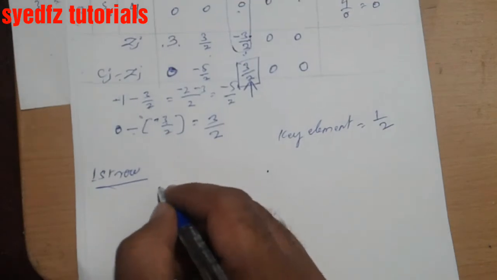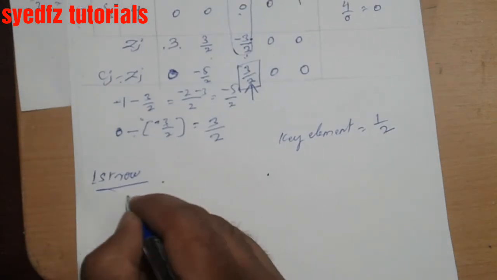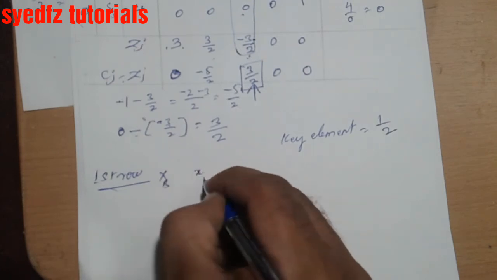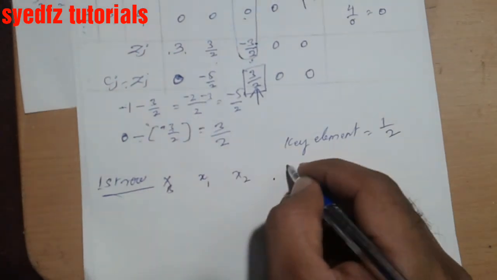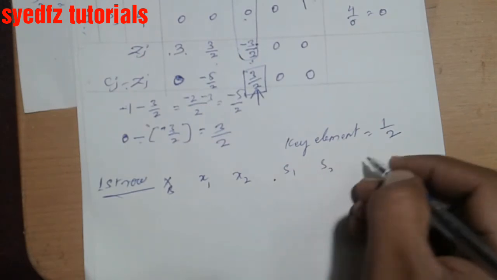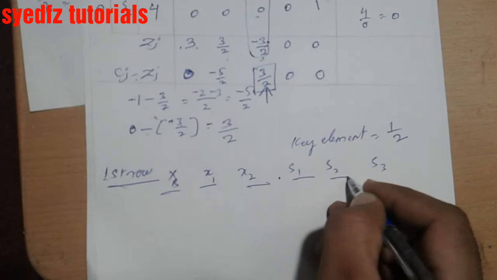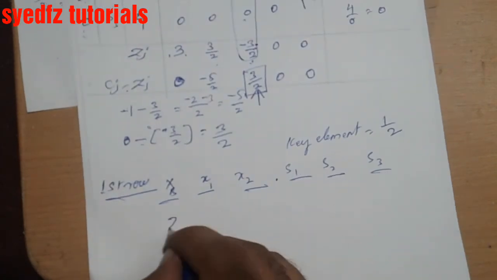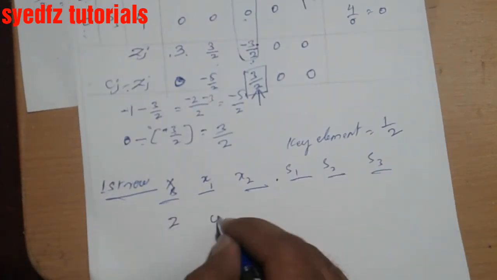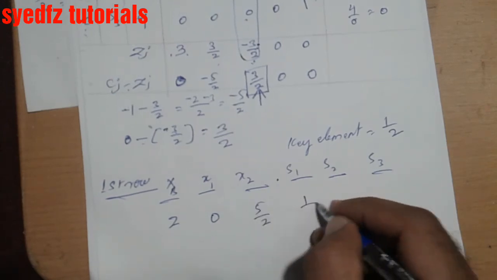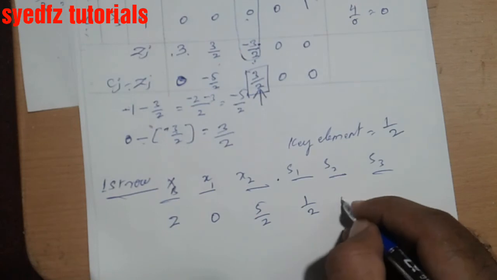So take the row. X1, X2, S1, S2, S3. For solution to basic variable is 2. Here is 0. 5 divided by 2. 1 divided by 2. 0, 0.